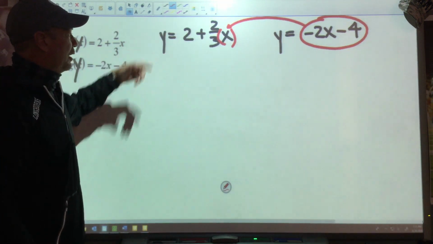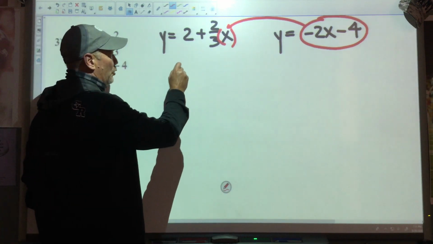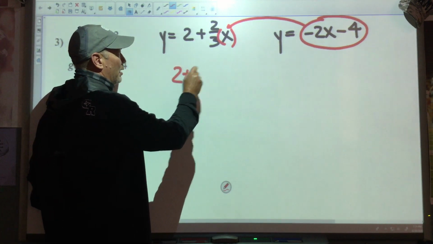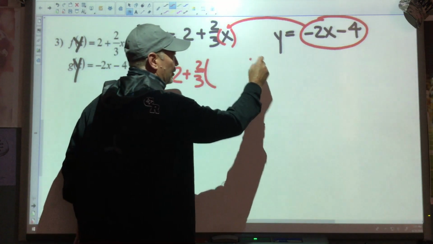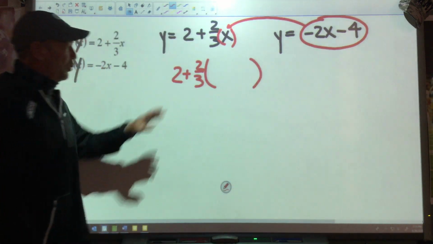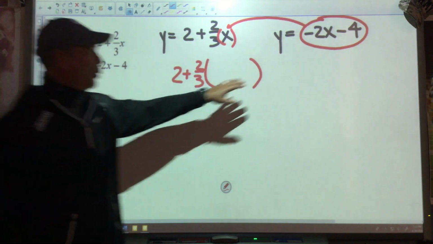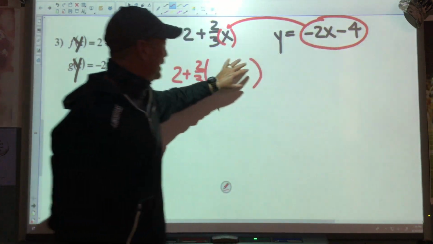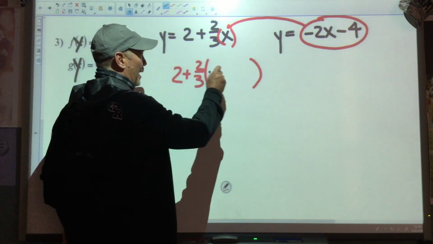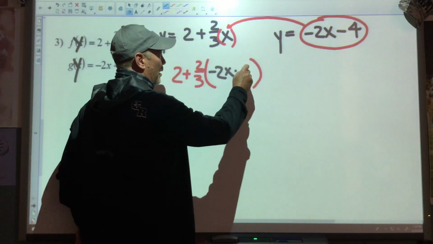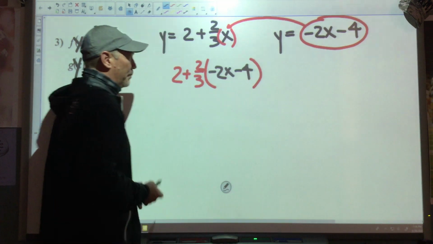So what would this look like? This would look like 2 plus 2/3 times somebody. Who are we going to put in that parentheses? We're going to put this in that parentheses right here. So we're going to say minus 2x minus 4.